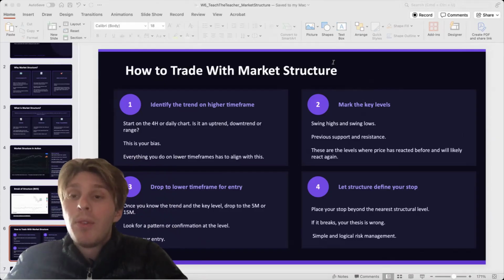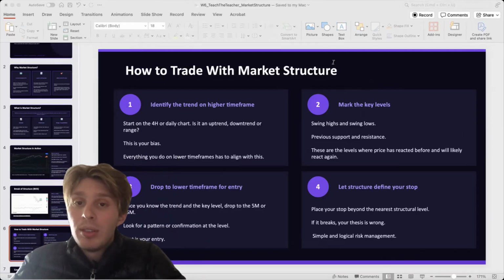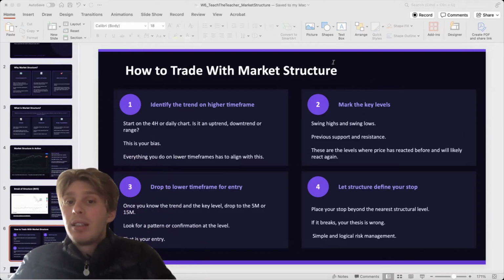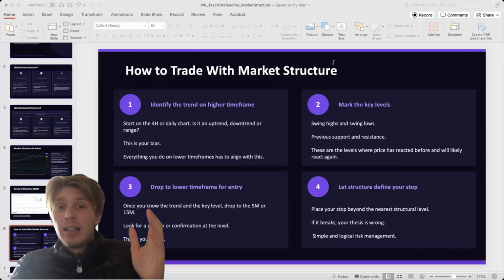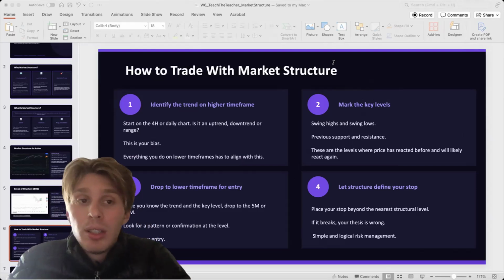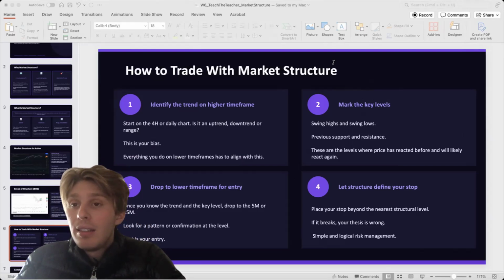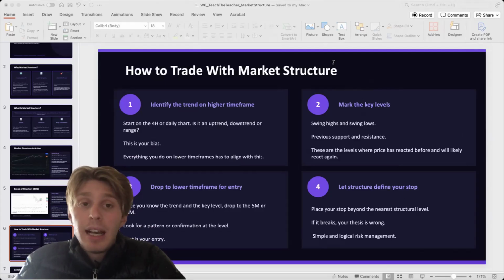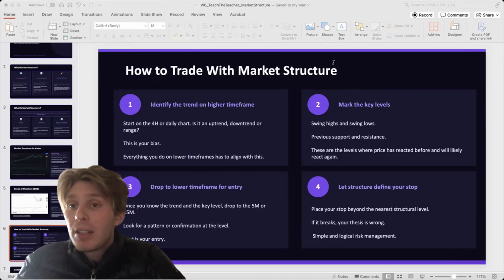Then you can move to the key levels, no, and mark them. So the swing highs and lows, make sure that you mark them, because they are basically the areas where price will have a reaction.